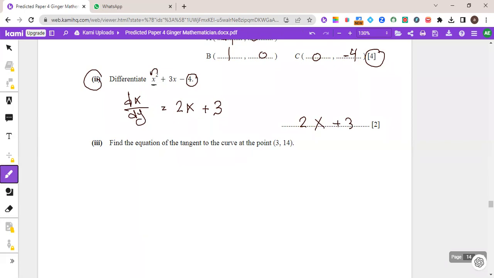If it's x squared make it x only. If it's x remove the x. If it's number خلاص remove the number. Okay.